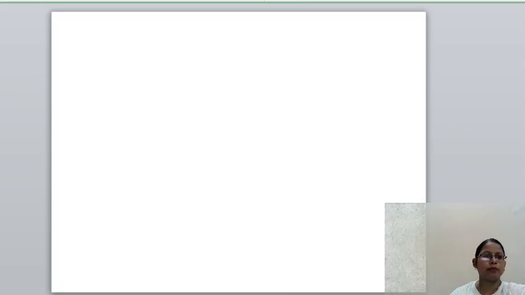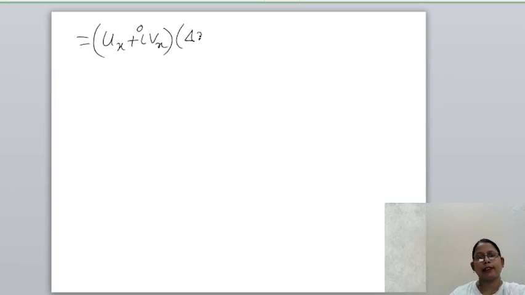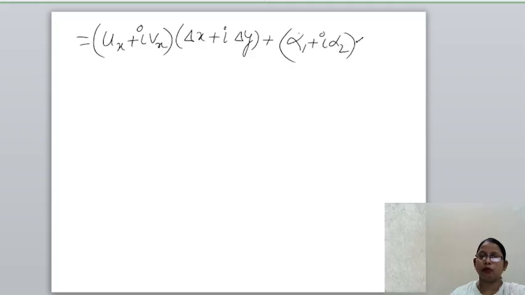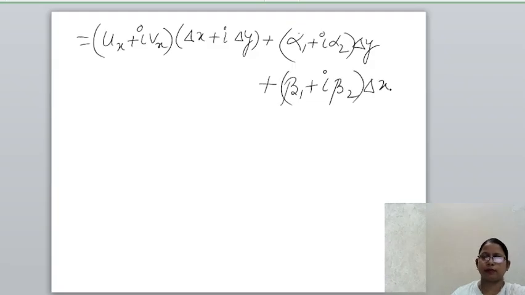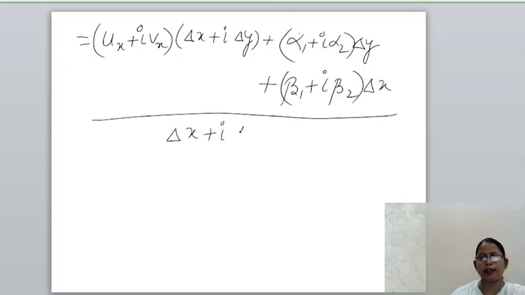So in the next step it is equal to ux plus i vx times delta x plus i delta y, then alpha 1 plus i alpha 2 delta y plus beta 1 plus i beta 2 delta x, all divided by delta x plus i delta y.